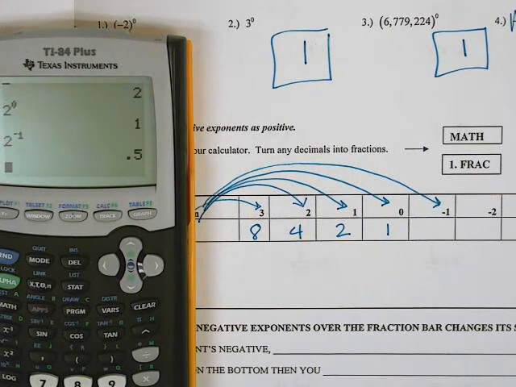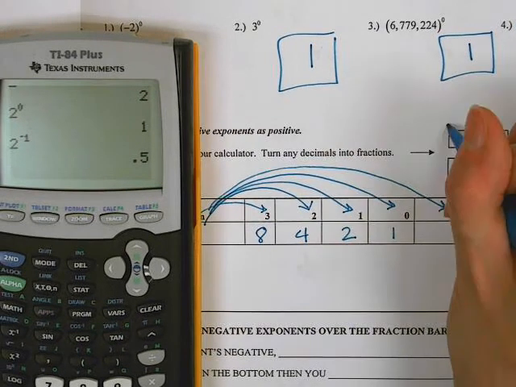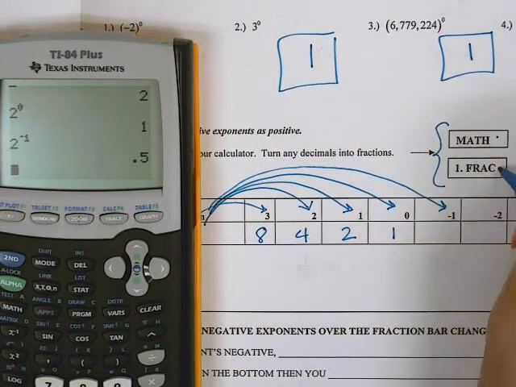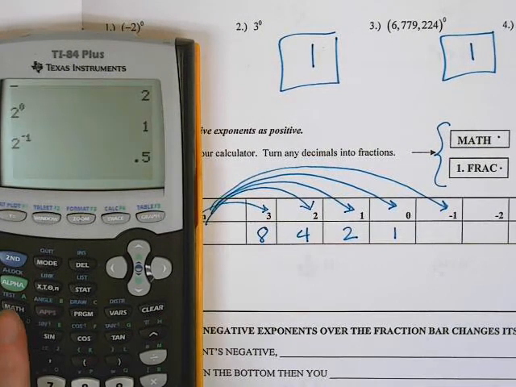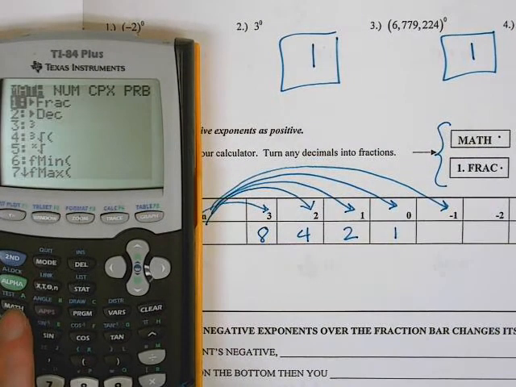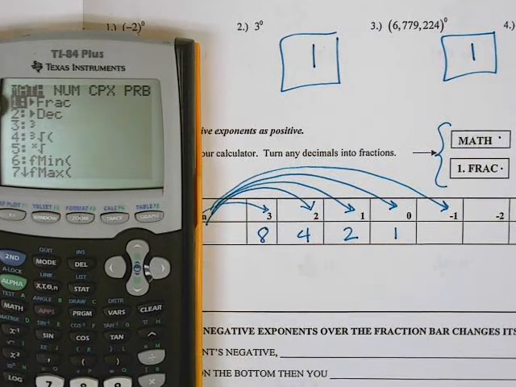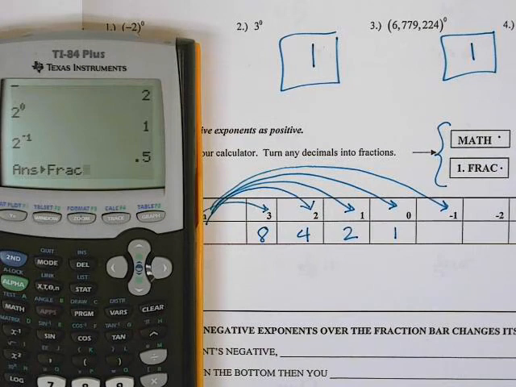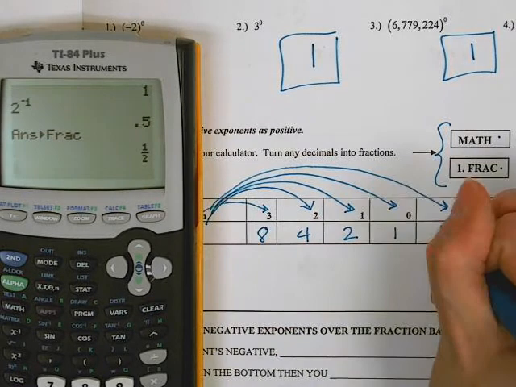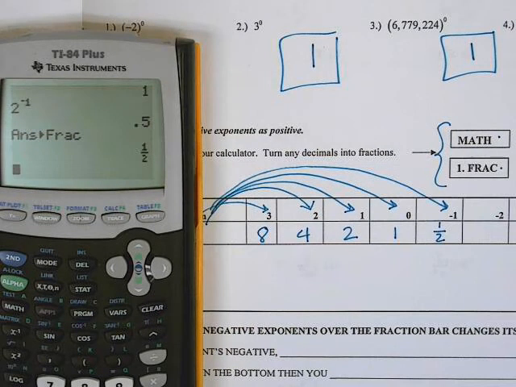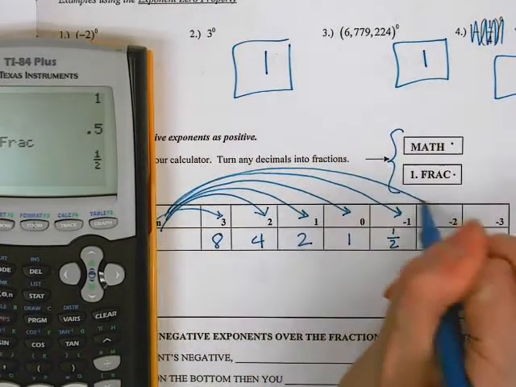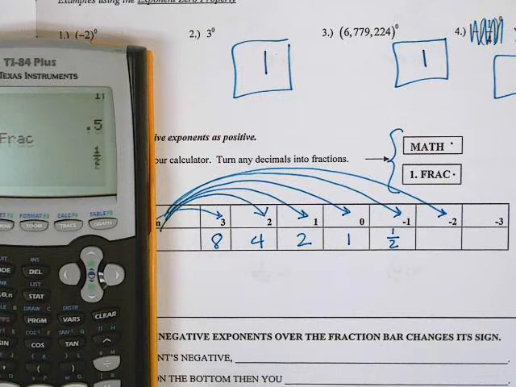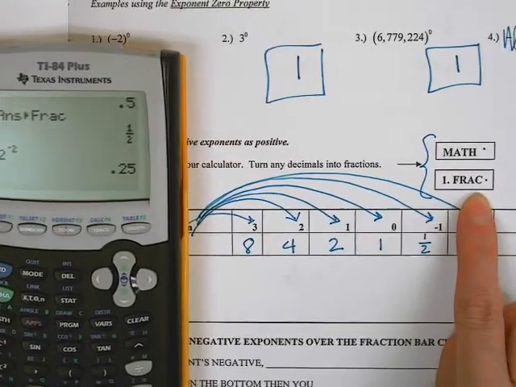Now do 2 to the -1 power. But instead of writing that, I want you to press these two buttons, Math, Frac. Everybody go to Math, and then hit Enter on Frac, and then hit Enter again, and it turns it into a fraction, 1/2. Keep going. Now do 2 to the -2 power, and do Math Frac again.